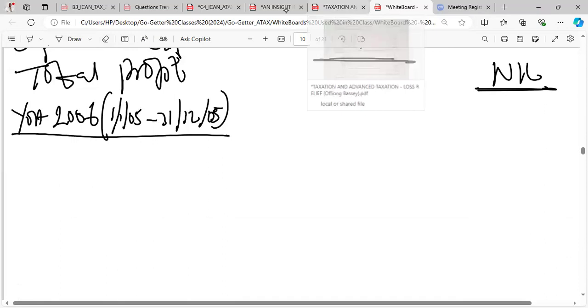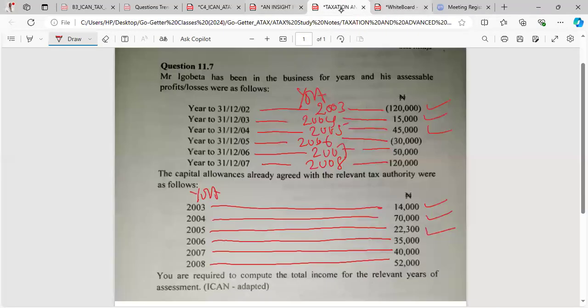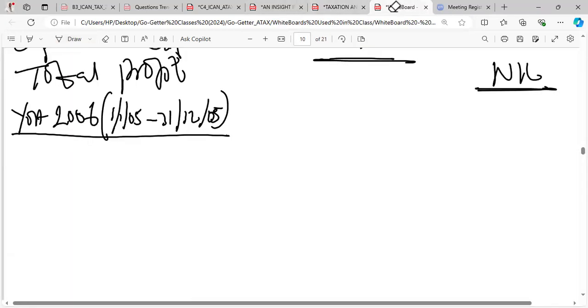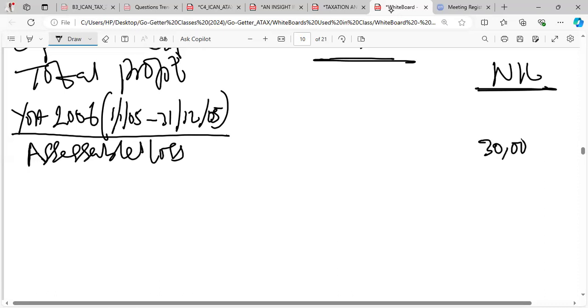Which year are we doing? We are doing 2006. In 2006, we have a loss of 30,000. So I'll say assessable loss, 30,000.